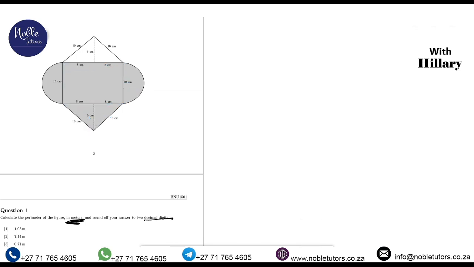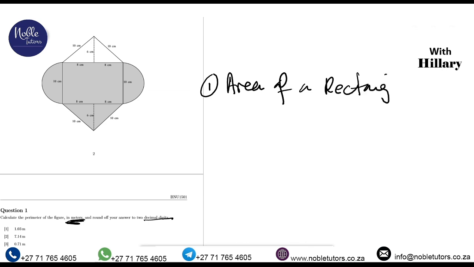So what we do now to calculate the area of the shaded part, because we are only concentrating on the shaded part, we then come here and say, 1, area of a rectangle is equal to length times width.